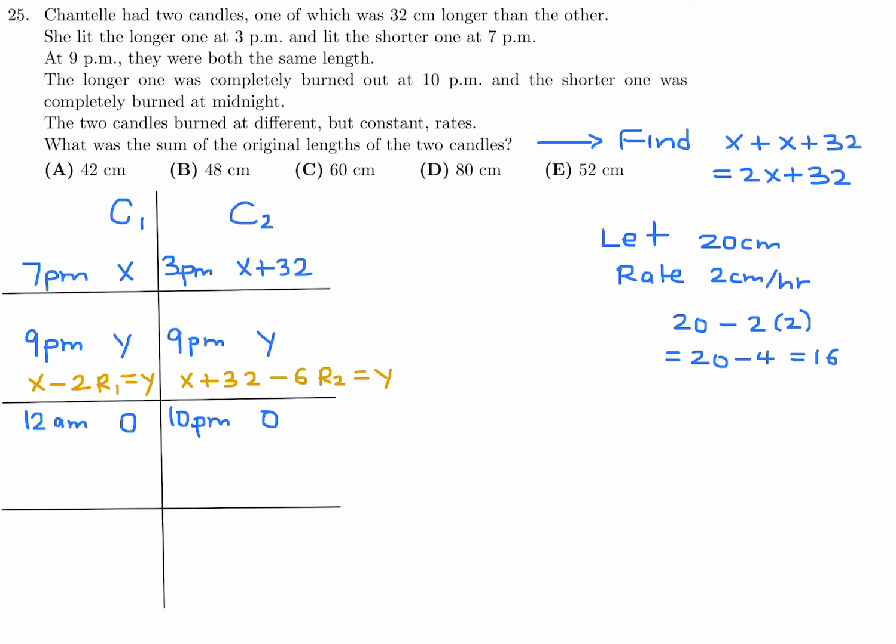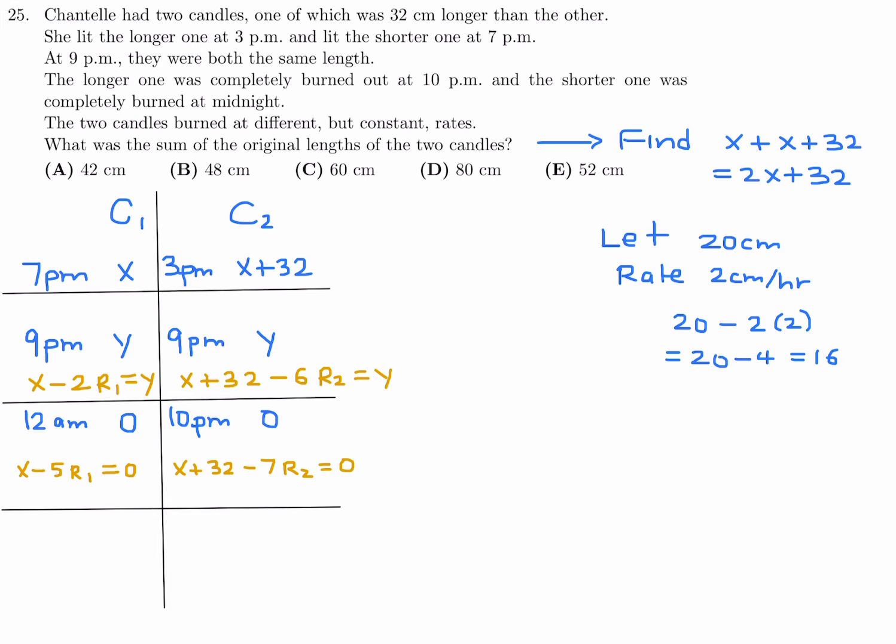So it's x minus 5R1 is equal to 0. And then for this one, it's 3 to 10, which is 7 hours. So x plus 32 minus 7R2 is equal to 0. So these are the equations that we are going to use to solve.